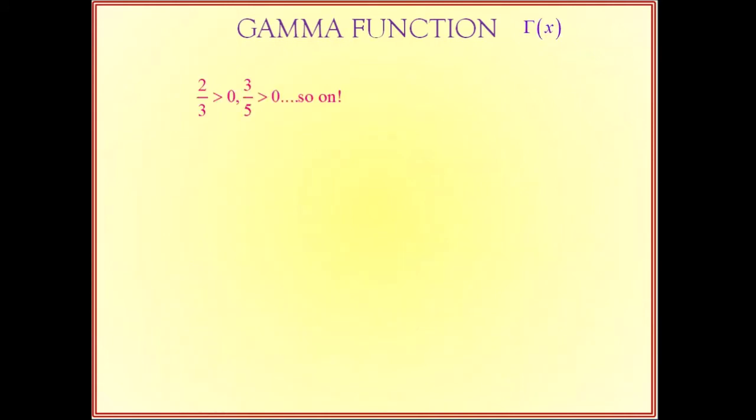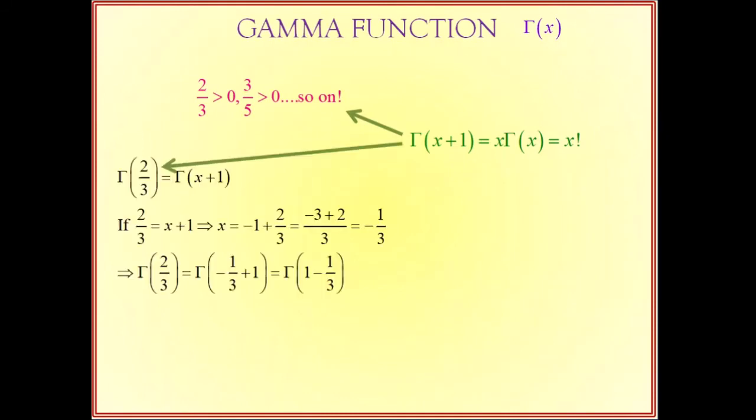Now you must be thinking about the fractions as well, that these are also greater than 0. So can we apply the gamma function to these also? To answer this, we will apply this formula to gamma 2 upon 3.